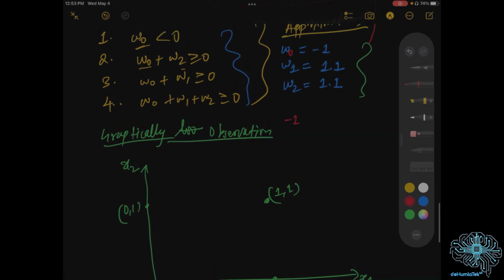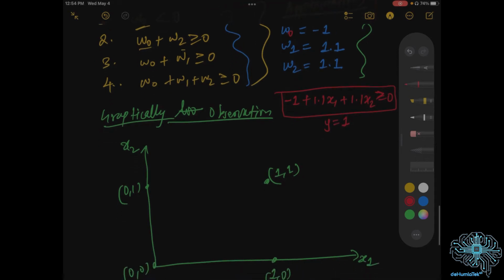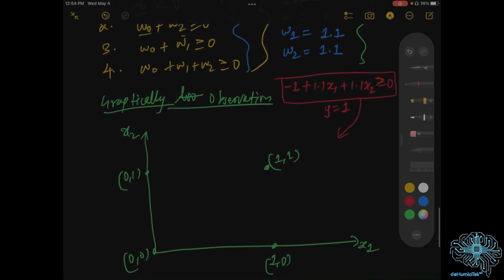minus 1 plus 1.1 x1 plus 1.1 x2 equals 0. It should be greater than 0 because we just want the boundary where our neuron will fire. But to get the approximate line, let's substitute and plot this expression on the graph.